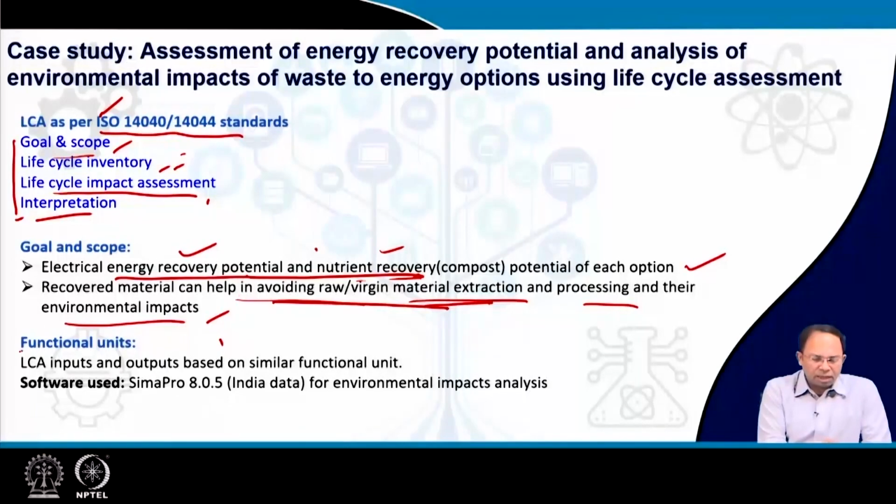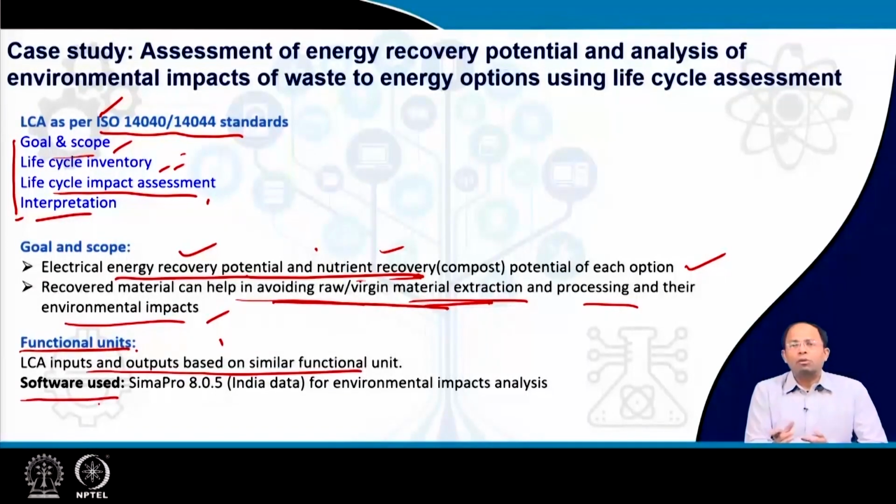Then the functional units are the different functions and processes that we are going to consider. So LCA inputs and outputs are based on similar functional units. Whatever functions we are considering for each process have to be similar, and we have to determine what the inputs and outputs of those processes are. And to do this, we need to know which input is used in which process and leads to which environmental impact.